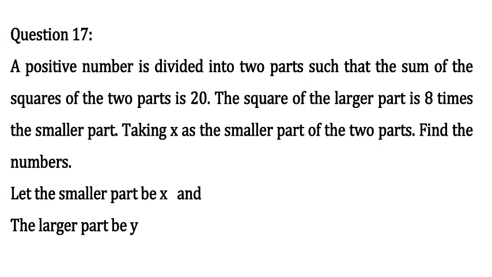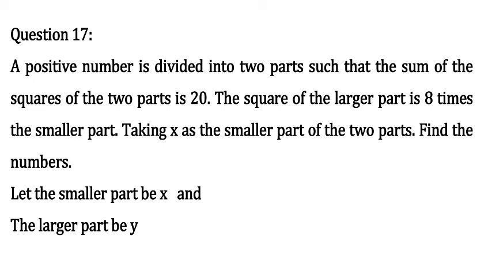Question number 17. A positive number is divided into 2 parts such that the sum of the squares of the 2 parts is 20. The square of the larger part is 8 times the smaller part. Taking x as the smaller part of the 2 parts, find the number.